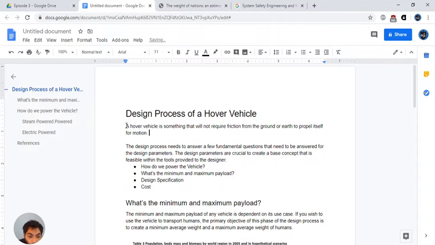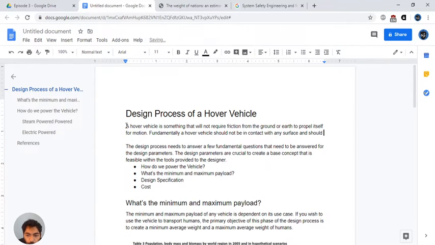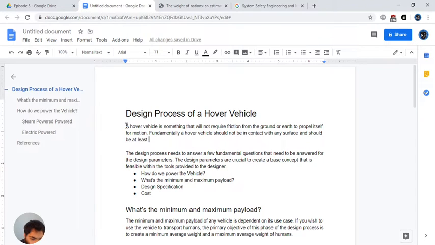Fundamentally, a hover vehicle should not be in contact with any surface, should be at least, let's say, 1 foot up, and should be in the air at all times of operation.